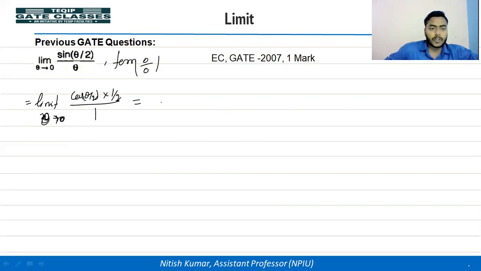By putting theta equal to 0, we'll get 1 by 2. If you know the concept or you have practice, GATE question is very easy or very scoring from the mathematics.